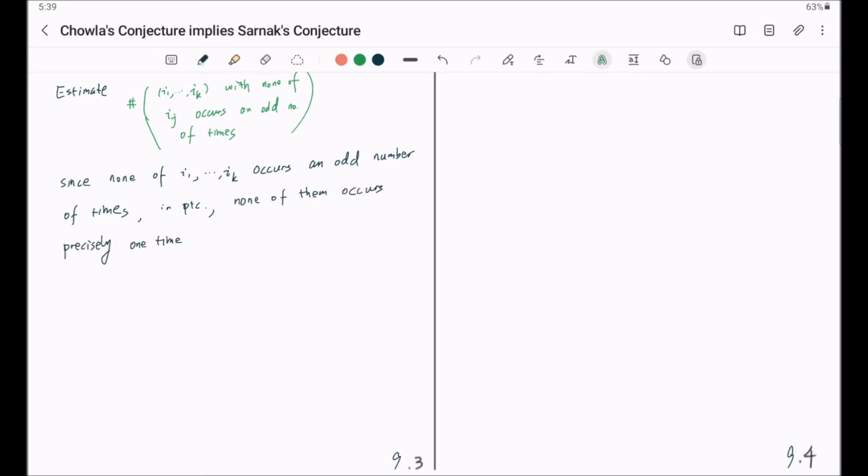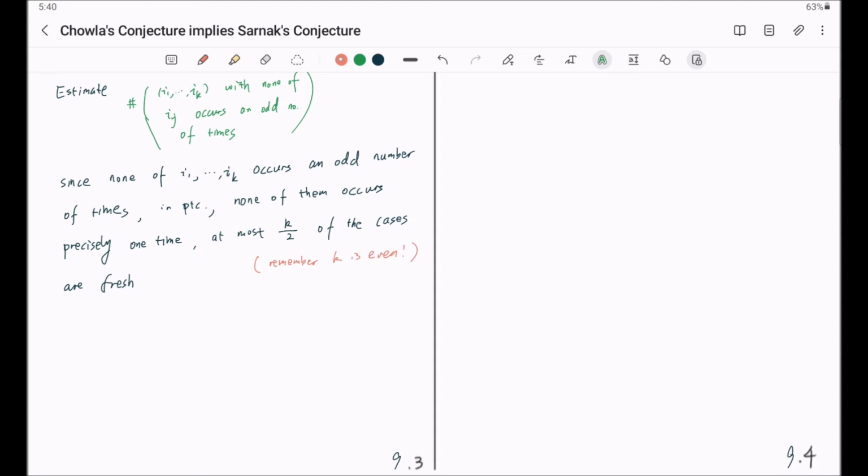At most half of k. Remember, k is even. At most 1/2 of the k cases are fresh.